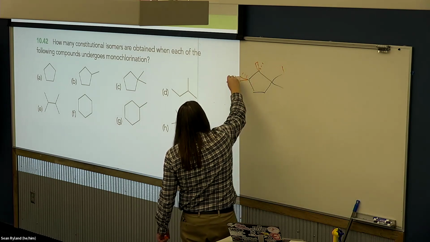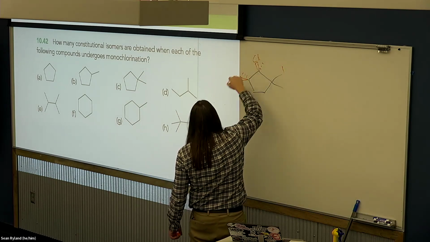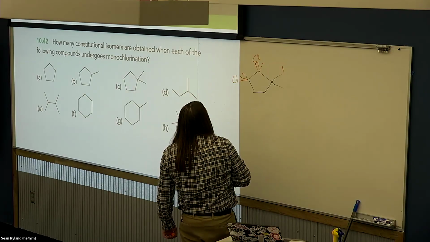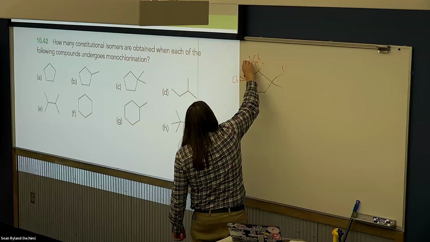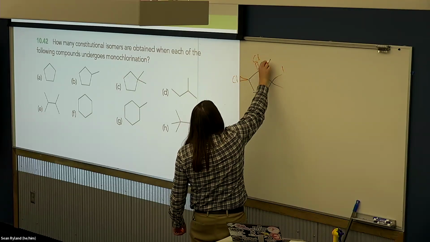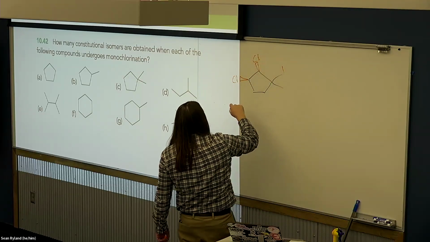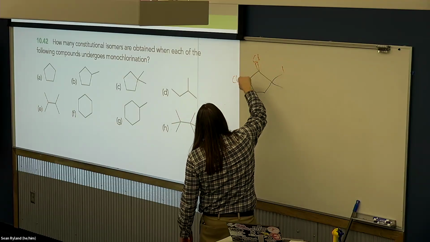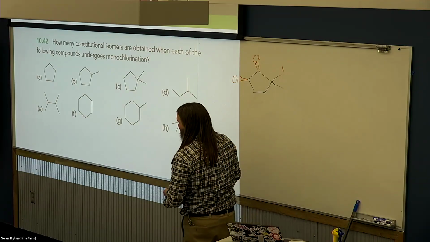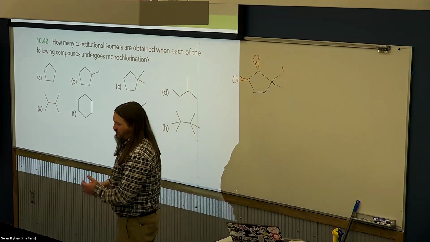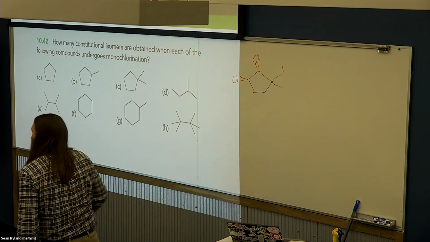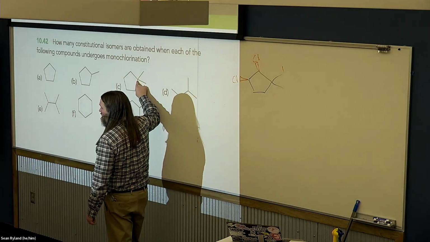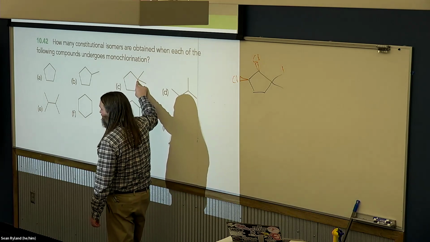Those are both still going to be stereocenters once we chlorinate. But they're going to be the same as the ones on this side. So we're going to get a total of 1, 2, 3, 4, 5. Only 5 for C. Because we can't add a chlorine here, because it already has 4 bonds. Right.